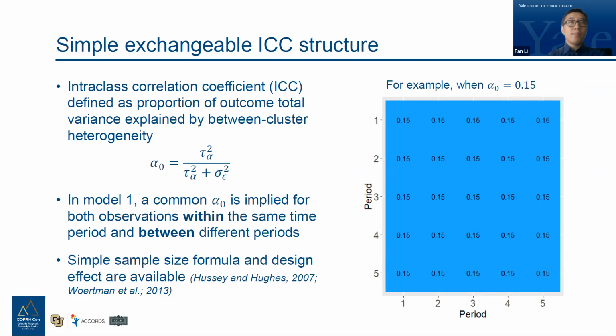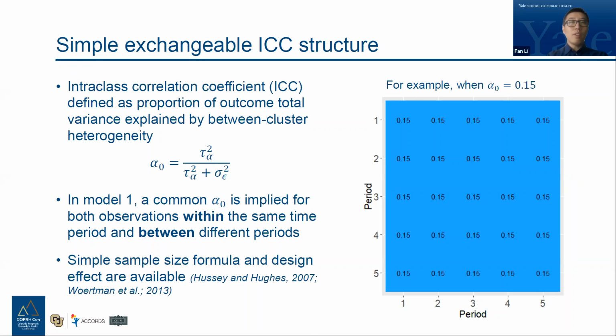This mixed effects model induces a simple exchangeable ICC structure as depicted on the right-hand side of this figure. We can define the ICC, or intra-class correlation coefficient, here as the proportion of the outcome total variance explained by the between cluster heterogeneity, which is the variance component of the random intercept, tau alpha squared.